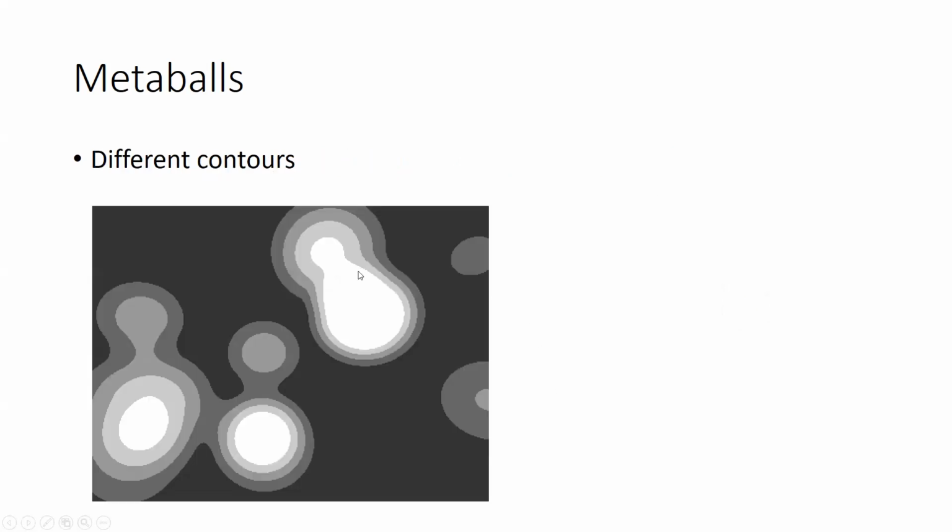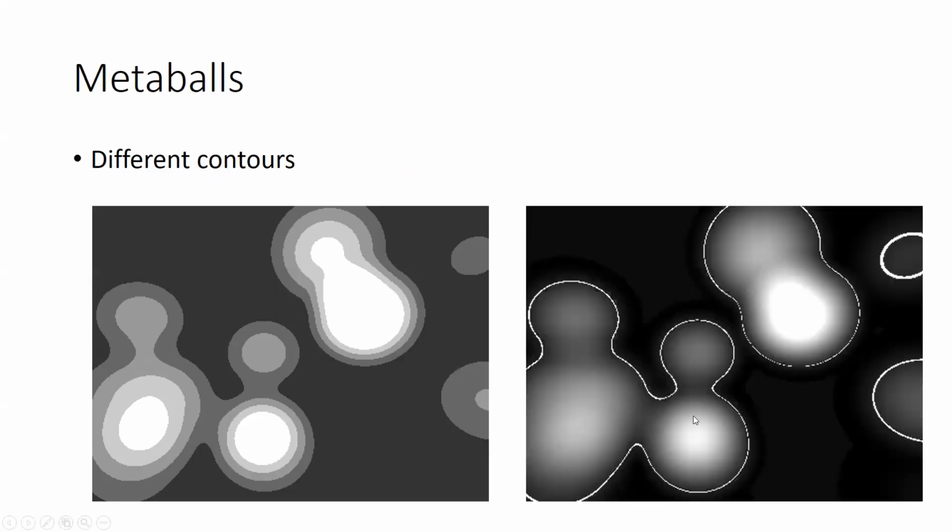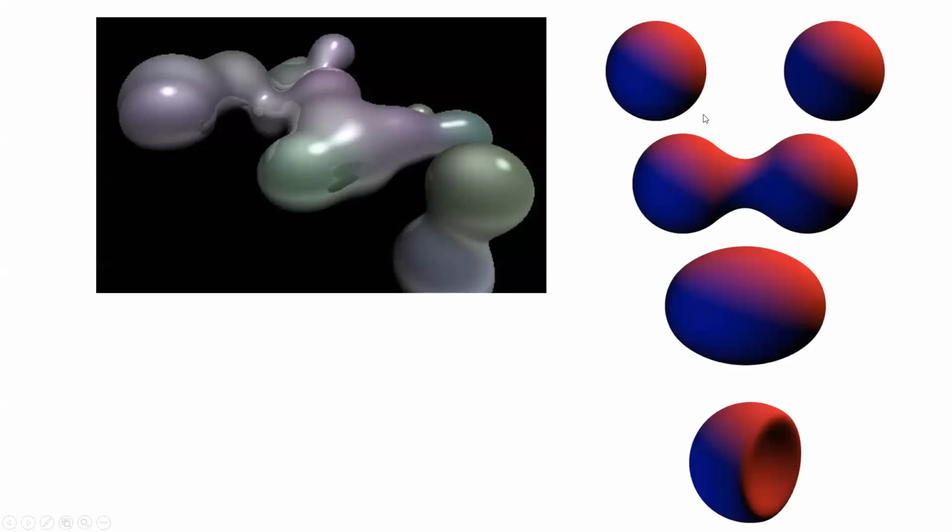So this is like the contour of your density function. And you can just extract anyone to be your surface. In 3D, you can actually just model objects with these metaballs, in which they actually will create a density function. And you can even use a negative function to create something concave.